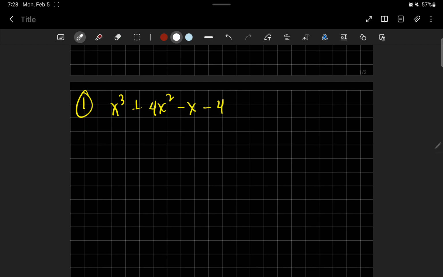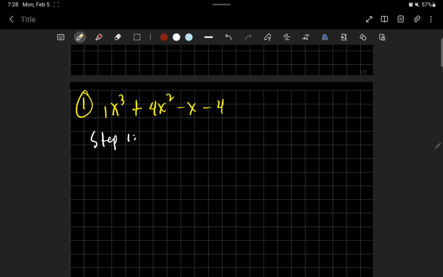For our step 1, again, we have to get the factors first of this polynomial function, applying the rational root theorem or different factoring strategies. So let's factor this one using the rational root theorem.